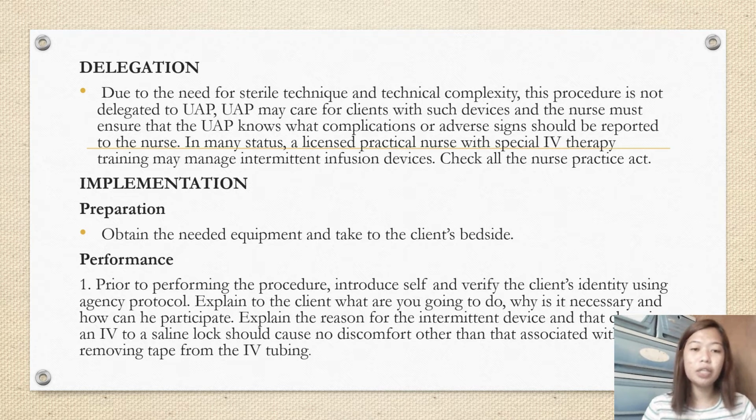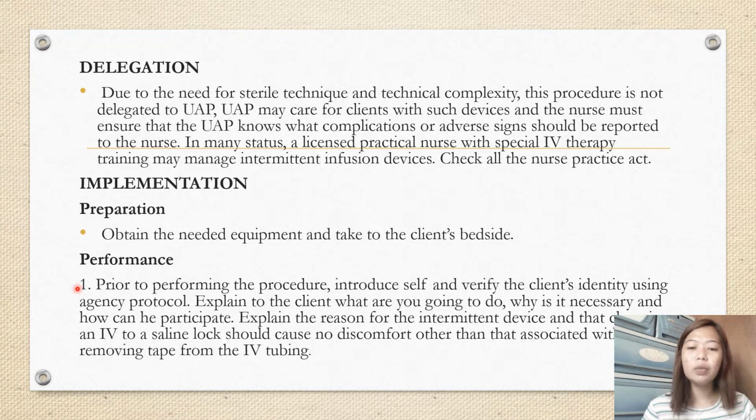Implementation: under implementation is the preparation. Obtain the needed equipment and take it to the client's bedside. Let's proceed to the performance. Number 1. Prior to performing the procedure, introduce yourself and verify the client's identity using agency protocol.